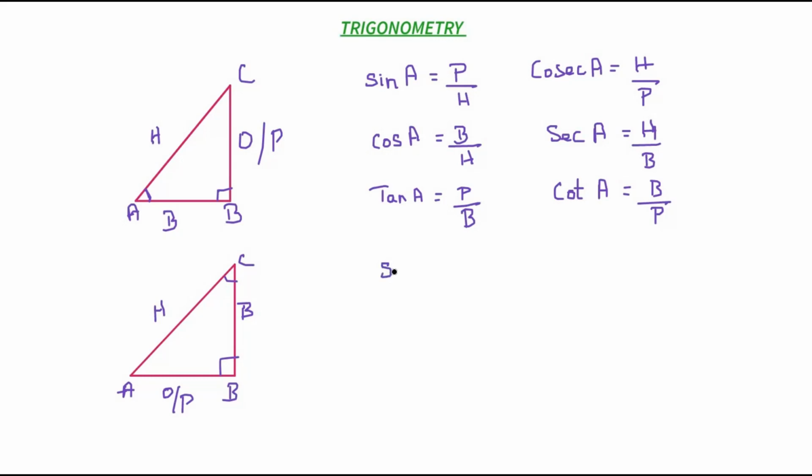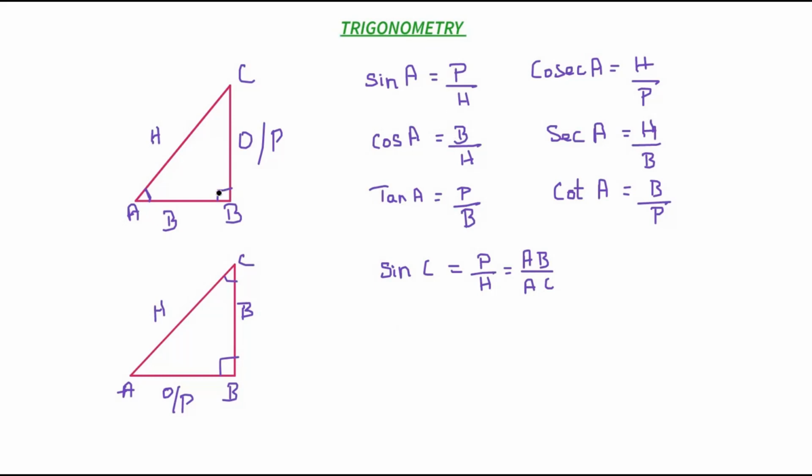So now the same way, sine C. Sine C here, again the same formula, perpendicular by hypotenuse. So which is our perpendicular side here? Our perpendicular side here is AB. It is not BC. It is changing. Here it is AB by AC. So this is a difference. The formula is same, but the side changes.